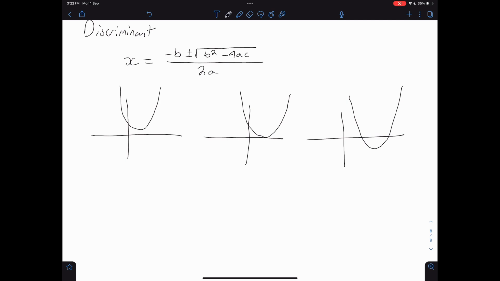Here, we can see that the graph does not cross the x-axis. Here, the graph touches the x-axis once, and here the graph crosses the x-axis twice.